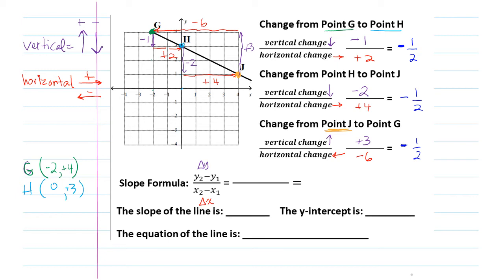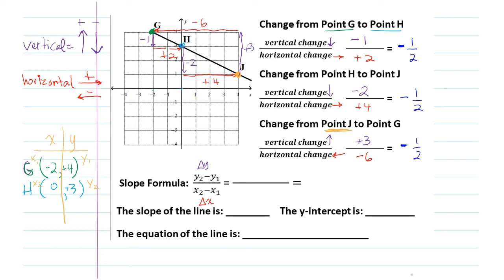These are my x coordinates and these are my y coordinates, if we're looking at it kind of like a table. If I say this is my y1 and this is my x1, that's just my first ordered pair, all that means. My y2 and my x2 is my second ordered pair.